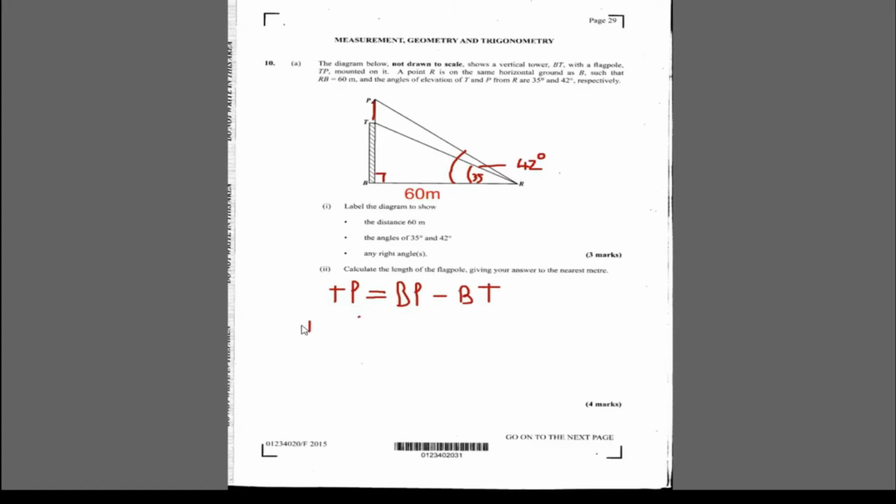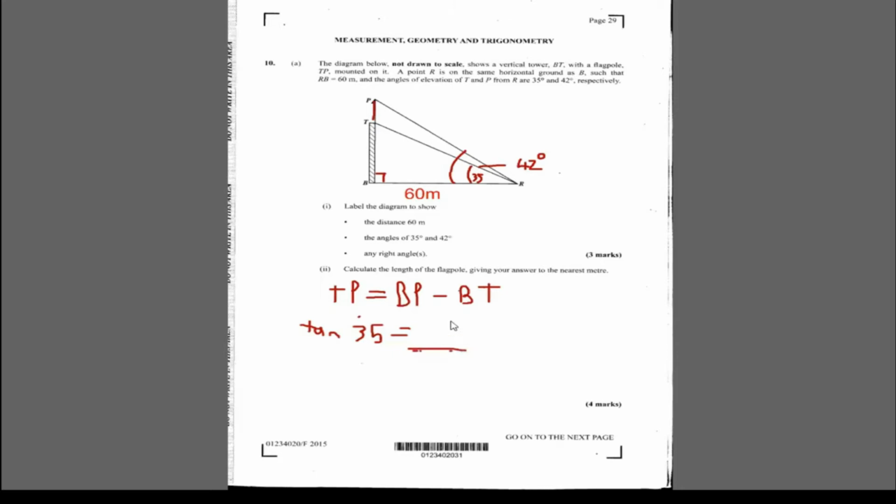The tan of 35 degrees is equal to opposite over adjacent, so it's BT over 60.